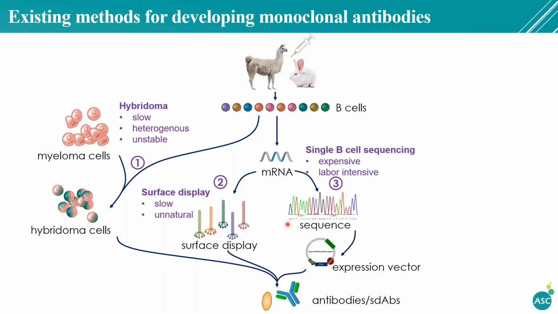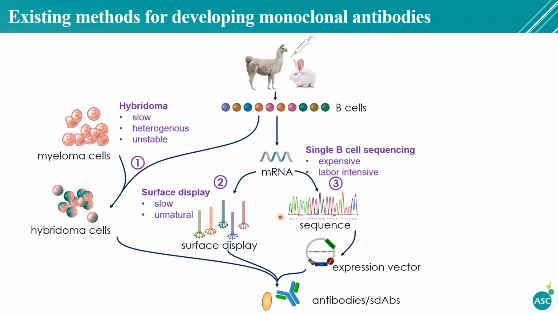The third method, which was developed more recently, is the single B-cell sequencing method. Today, due to the rapid development of next-generation sequencing techniques, single cell barcoding and sequencing can be routinely carried out in a regular lab. A number of companies now offer fully automated single B-cell barcoding and sequencing solutions.